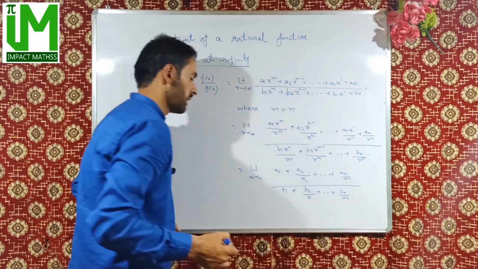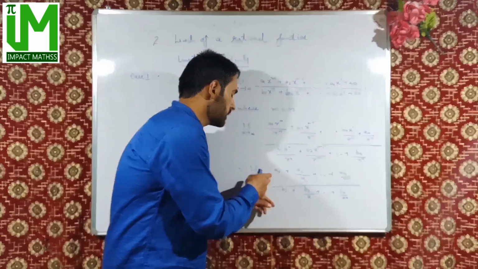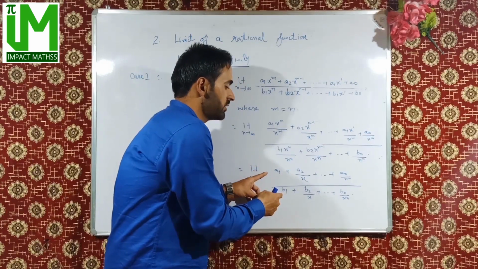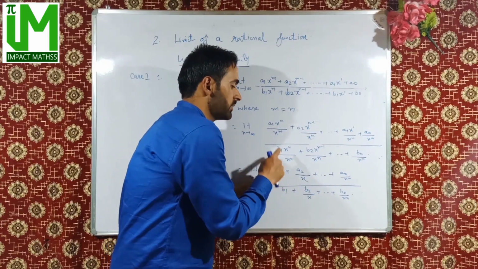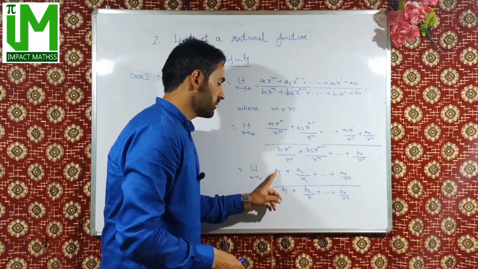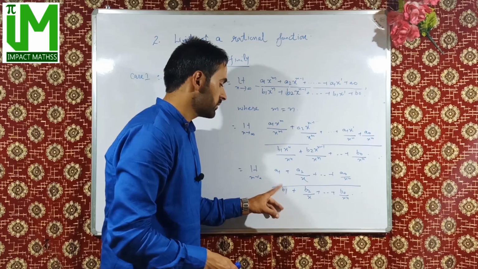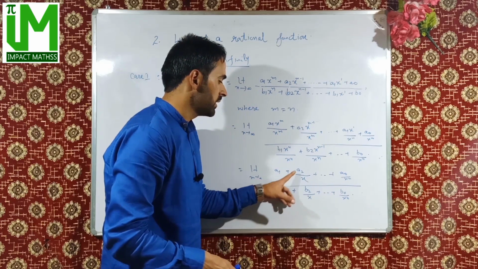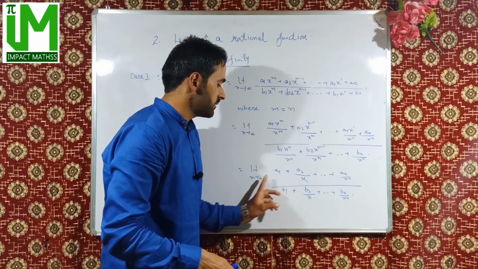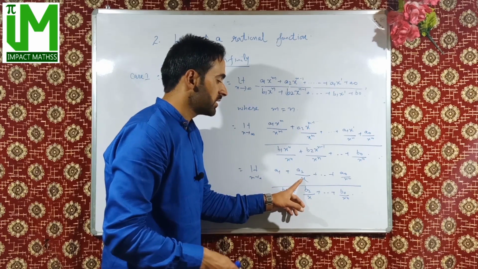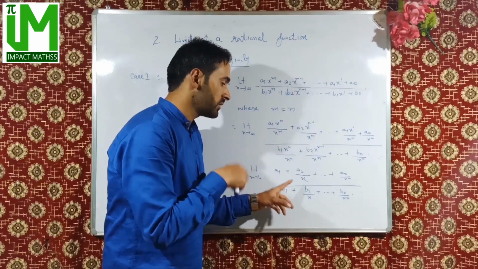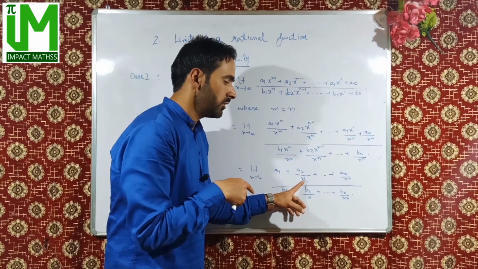And again, if we distribute the limit over the numerator and denominator, then we know the limit of the sum is the sum of the limits. So the limit of the constant a1 will be a1, and for the denominator b1, so it will be a1 divided by b1. a2 divided by x will be a2 divided by infinity, and any non-zero constant divided by infinity is always 0.